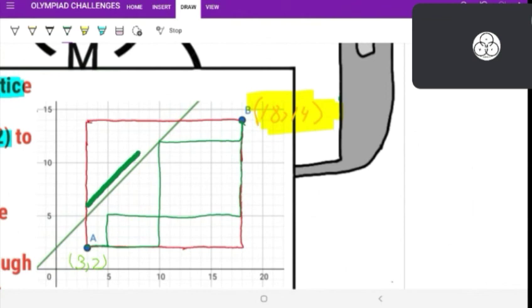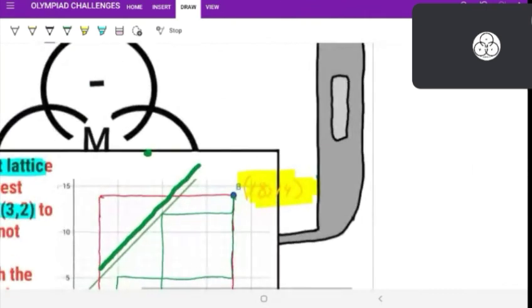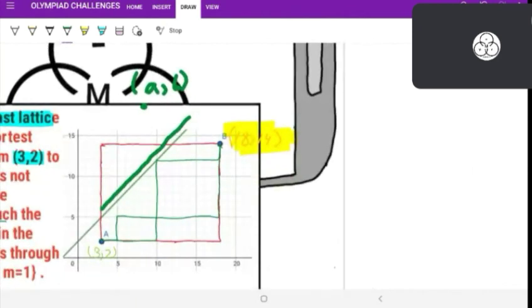I do not know what the reflection is. You'd find that reflection, say this reflection is some a comma b. So you can find the number of paths from 3, 2 to a comma b.